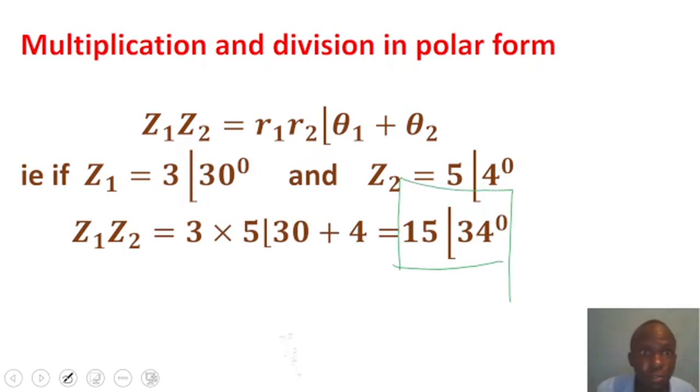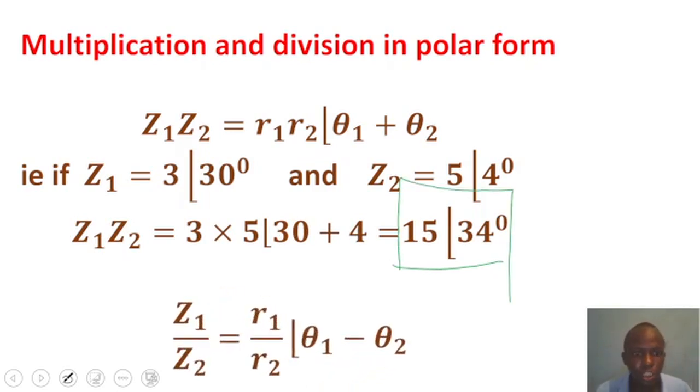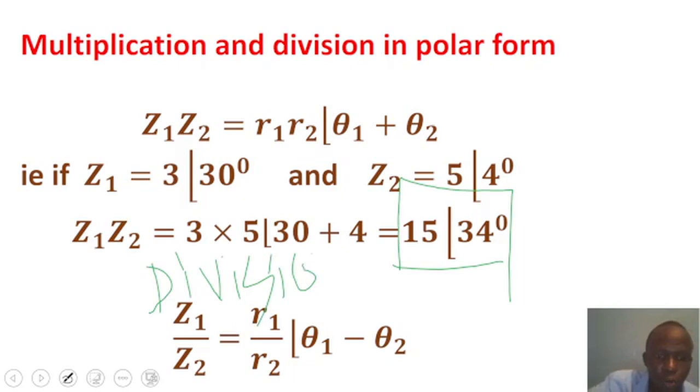Let us go to the division. z1 over z2 is equal to r1 divided by r2, with argument theta 1 minus theta 2. Here we are just dividing the moduli and subtracting the arguments.